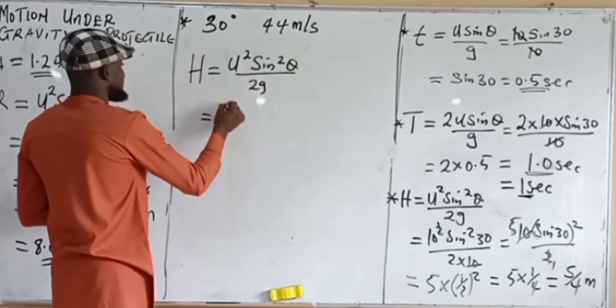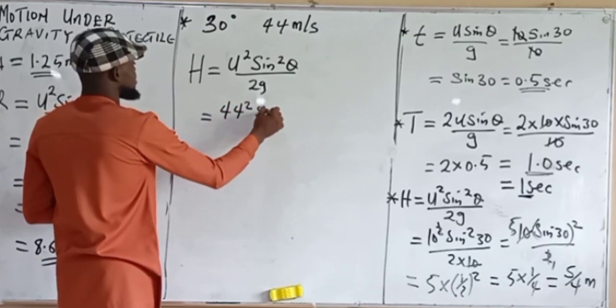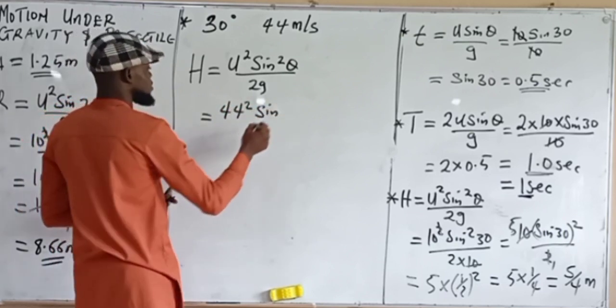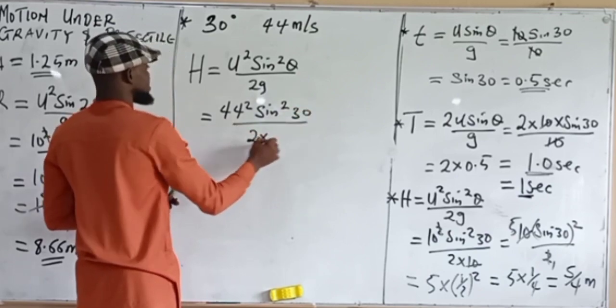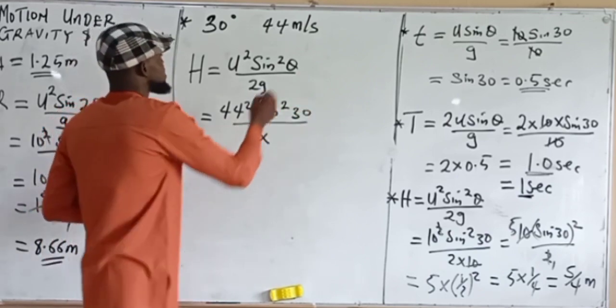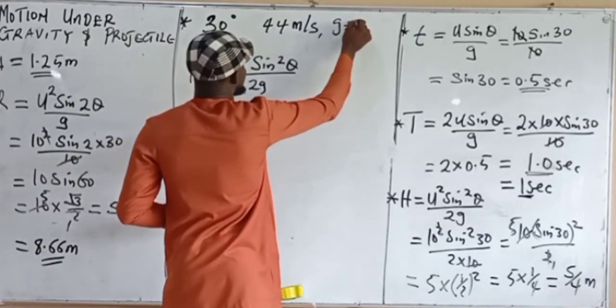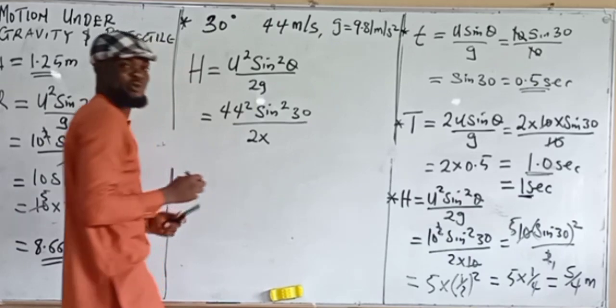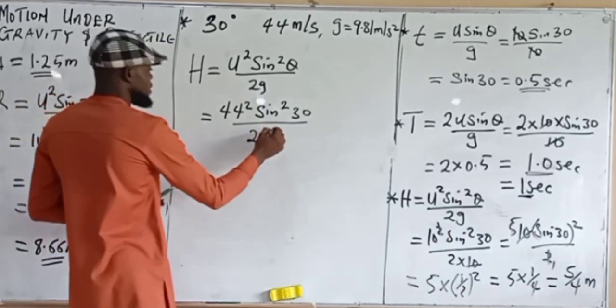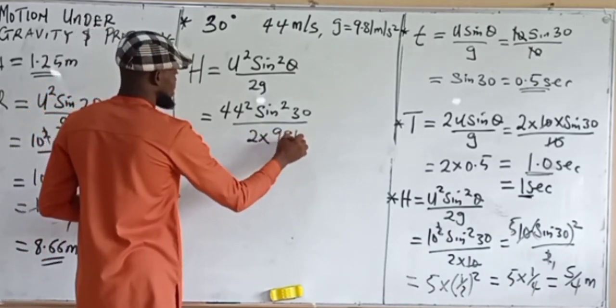So that will be 44 square sine square 30 over 2 times. Now, in this question, take g as 9.81 meters per second square. Let's use that for this one. So that will be 9.81.